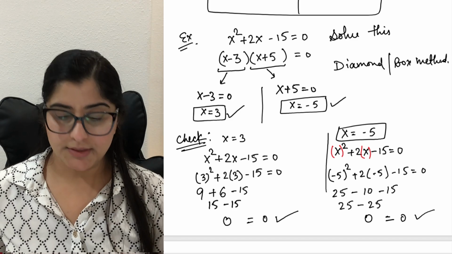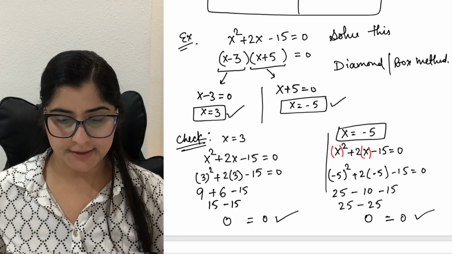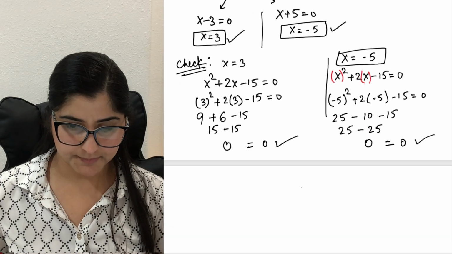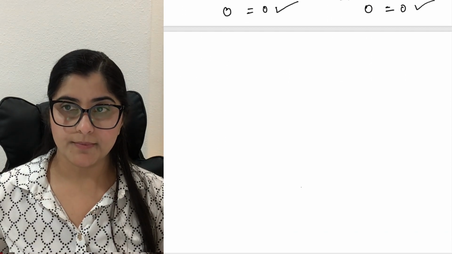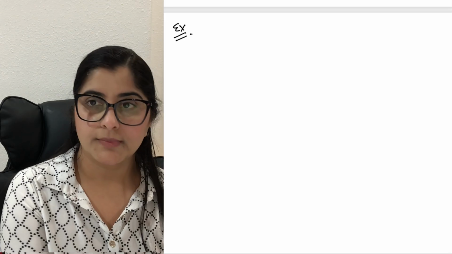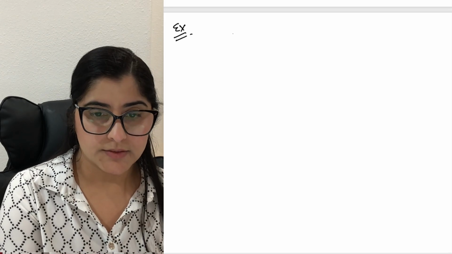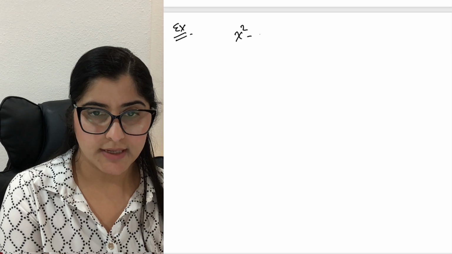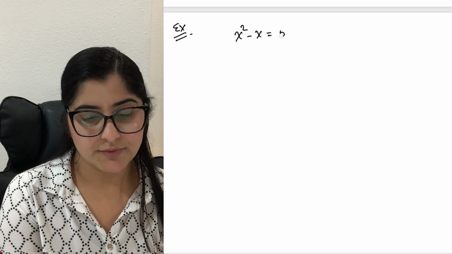So let's do one more question here. Solve this quadratic equation: x squared minus x is equal to 56.